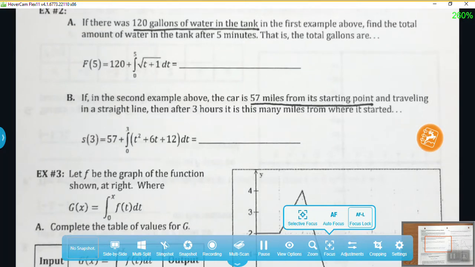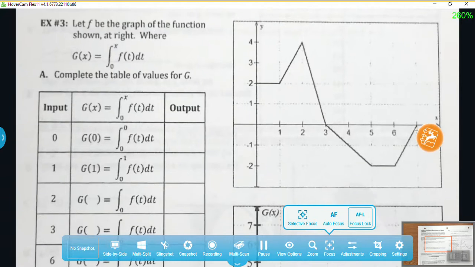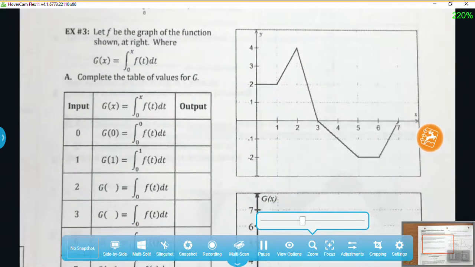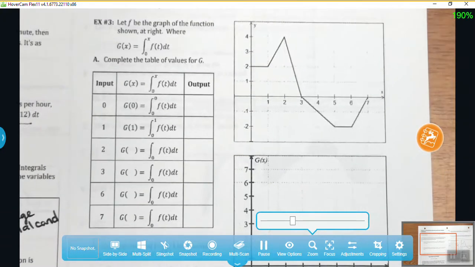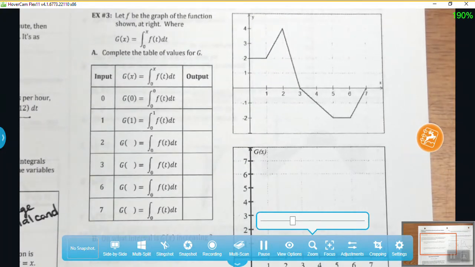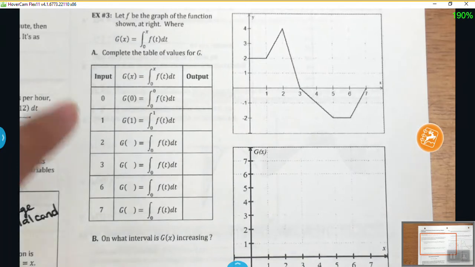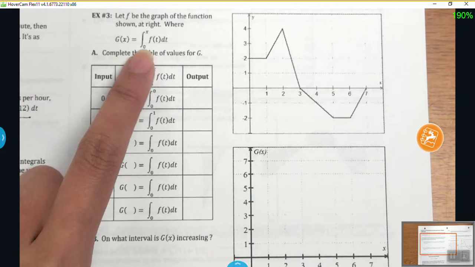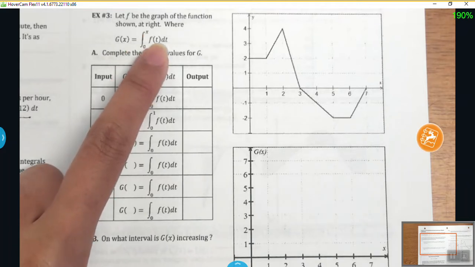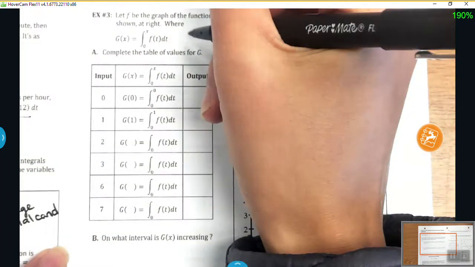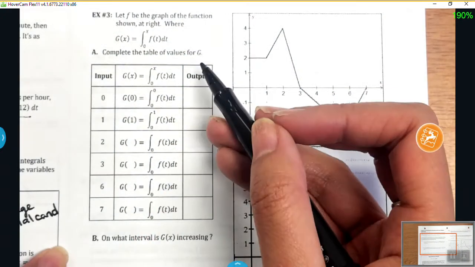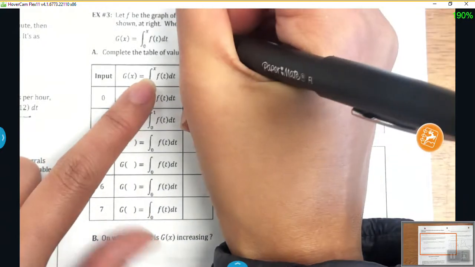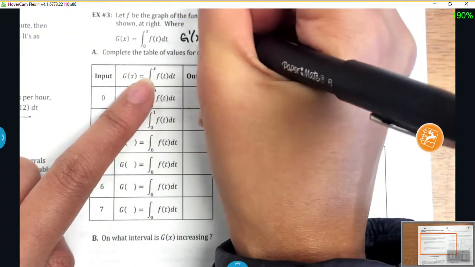Now, a lot of times they're going to give you graphs where they give you g of x and ask you to analyze things about it. Anytime you see g of x equals the integral from 0 to x of f of t dt, I want you to write, probably in part A, in one of the boxes they give you, that g prime of x equals what?